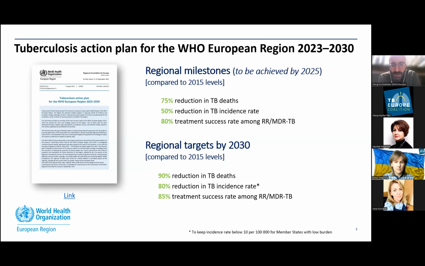Then we have regional targets, which should be achieved by 2030: 90% reduction in TB deaths, 80% reduction in TB incidence rate, and 85% treatment success rate among MDR-TB patients. So these are very high-level indicators, but there are also output and outcome, lower-level indicators that programs should achieve in order to meet these high-level impact indicators and targets.